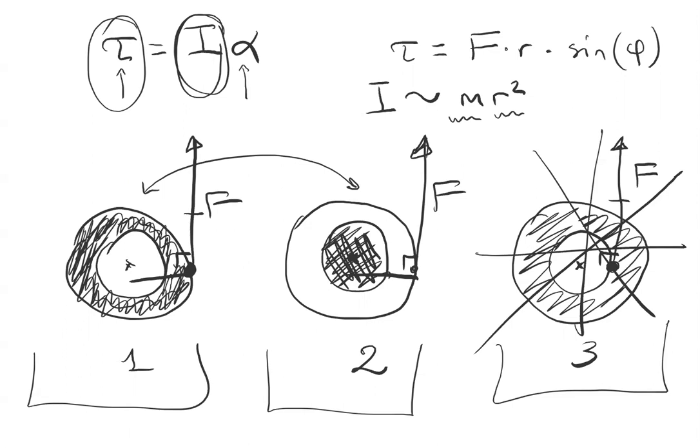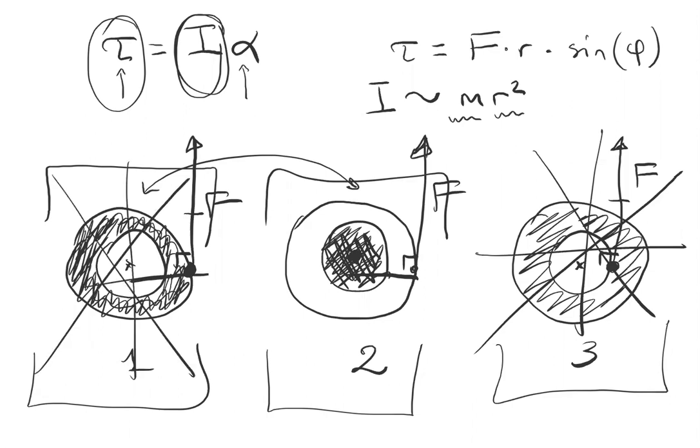Because of that, I will conclude that disk number 1 has higher moment of inertia, therefore it's more difficult to rotate. Disk 2 is easier to rotate because most of its mass is closer to the axis of rotation. So disk 2 beats disk 1, and my conclusion is that disk 2 is the easiest disk to rotate given this setup.